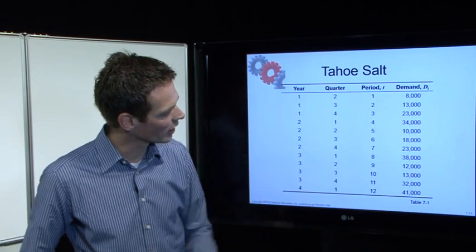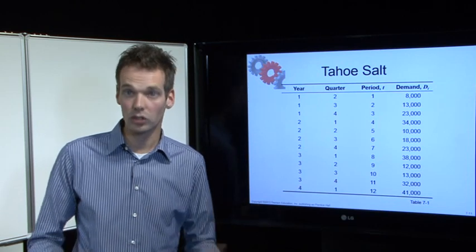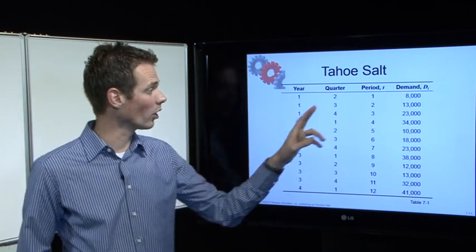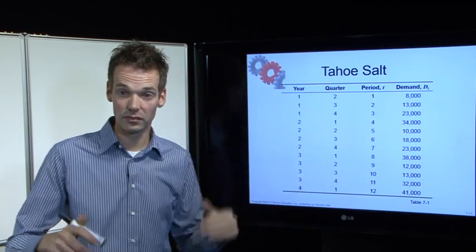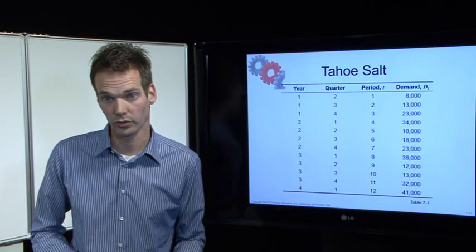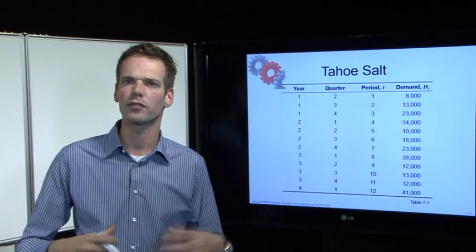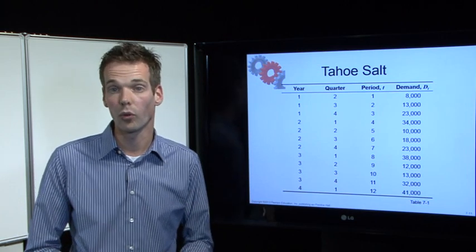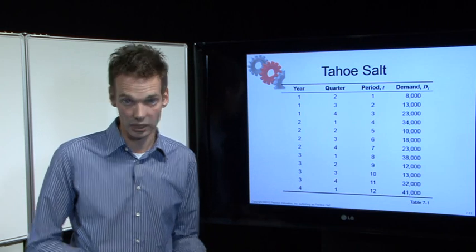Here we have the demand, the actual demand, which at year 1, quarter 2 was 8,000 units sold by Tahoe Salt. Now we're going to see what would happen if we use the static method for forecasting in this example.